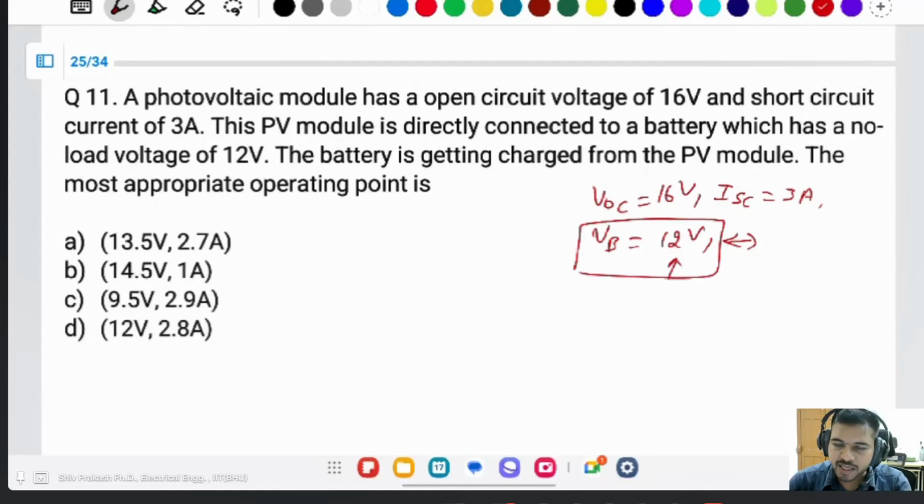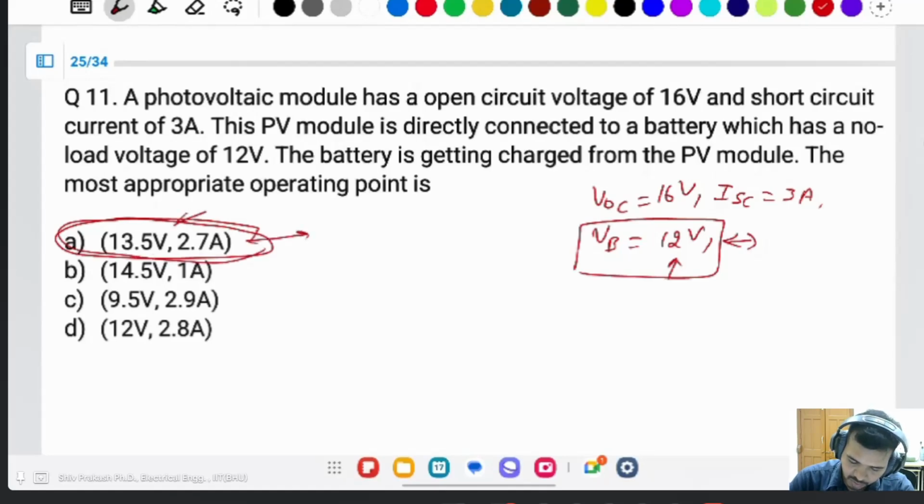You should use a supply of more than 12 volt. But ISC is 3 ampere. That means approximately 90% of this one is the MPPT you get. Then approximately 3 ampere current you use. Then this is the appropriate operating point: 13.45 volt, which is more than 12 volt, and 2.7 ampere current, which is lower than the ISC and approximately the maximum power point.